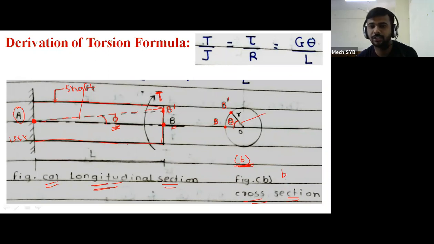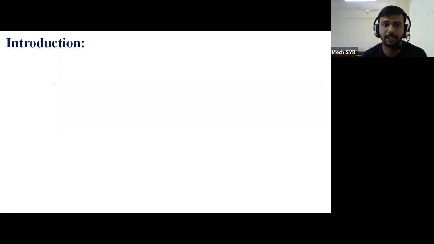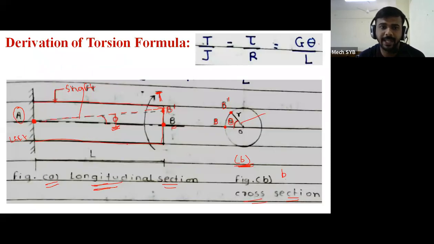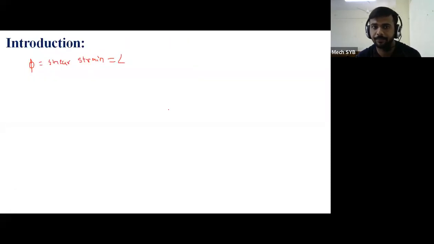In the longitudinal section, the angle you will get is phi, which is equal to shear strain, which is the angle B dash AB from figure A.